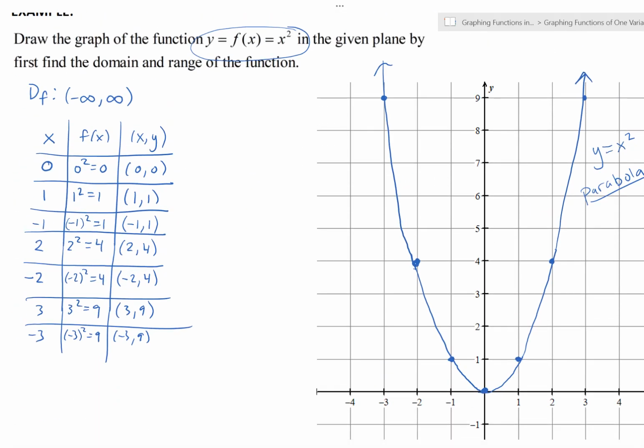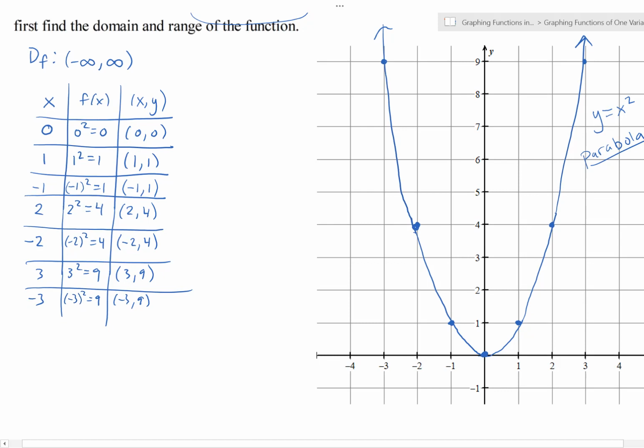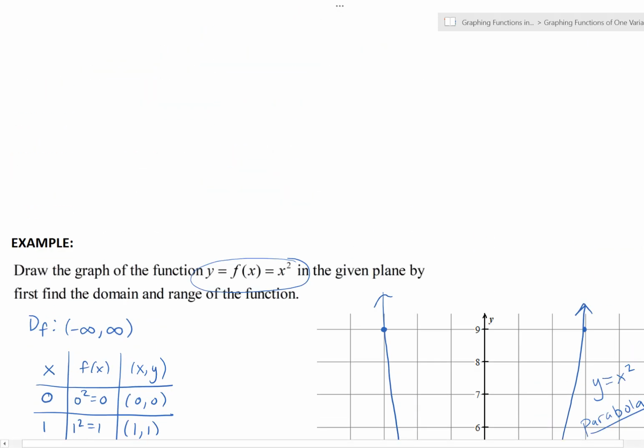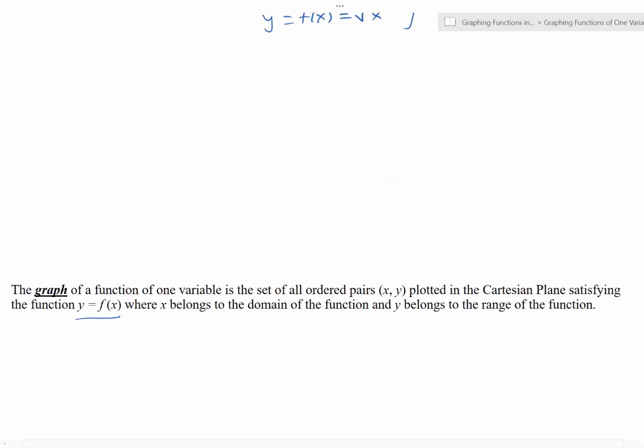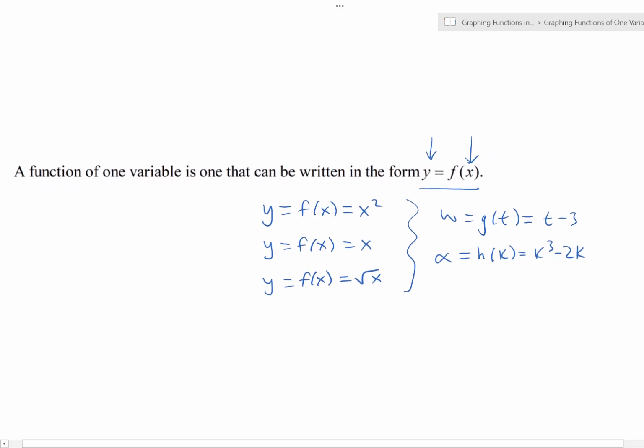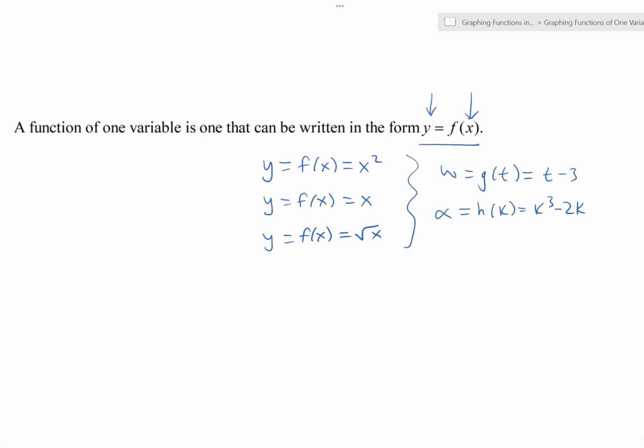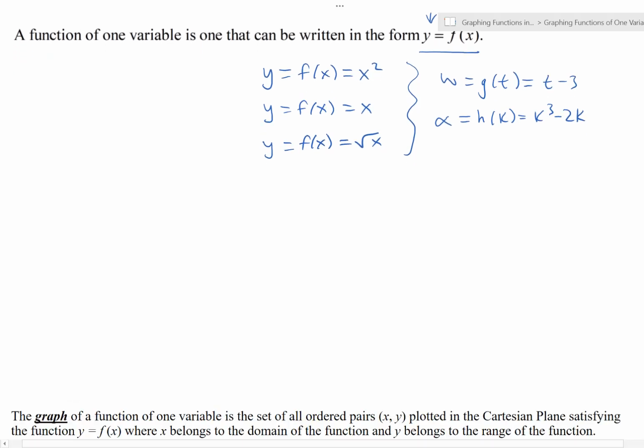These end up both being elementary functions, which will be talked about in a different video. And so in general, our interest in math for the time being is graphing functions of a single variable, in the form y equals f of x, or any function that could be written as so.